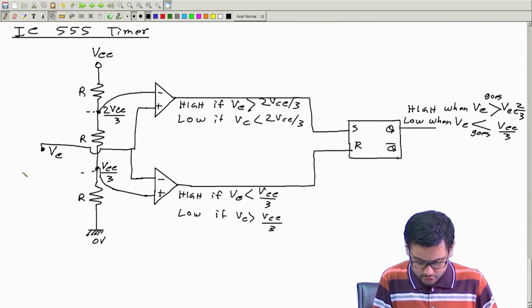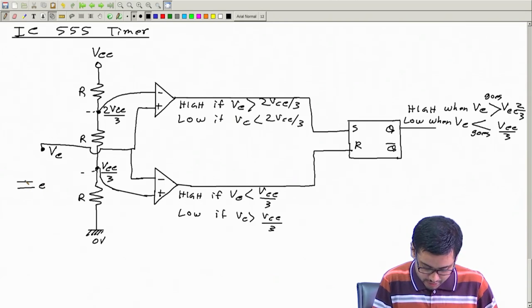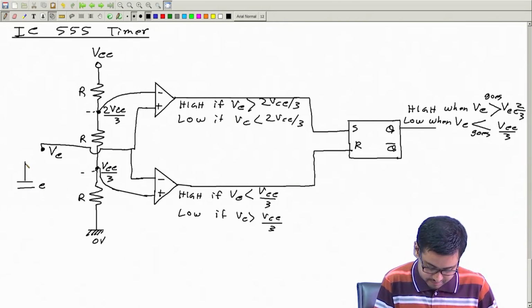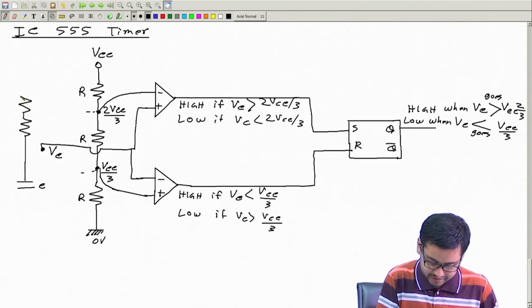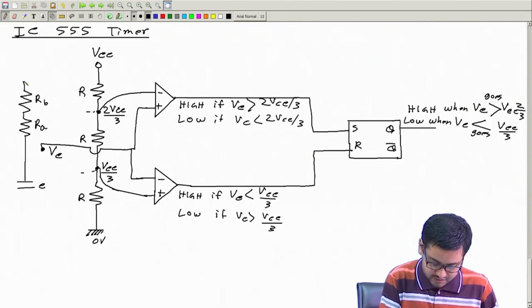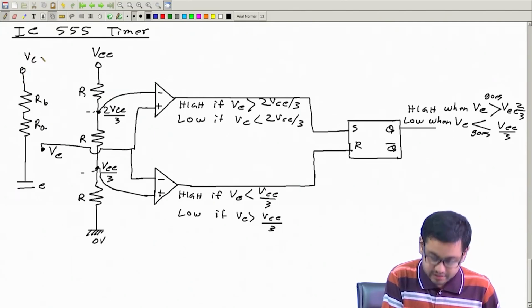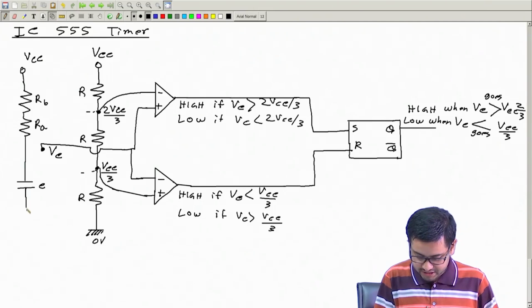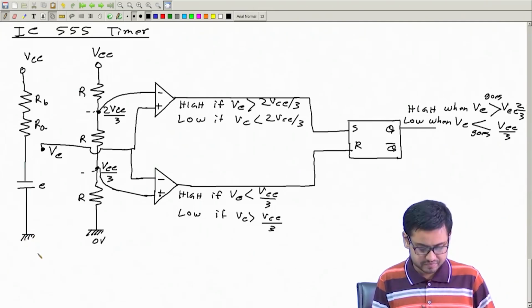For that, I will take a capacitor, call it C, and some resistances, RA and RB. This side I will connect to Vcc, positive voltage, and this side to ground.